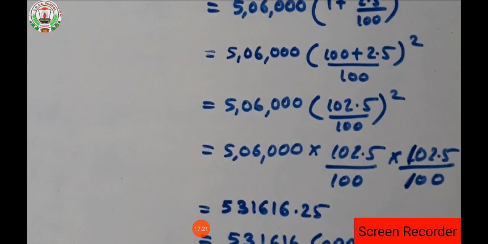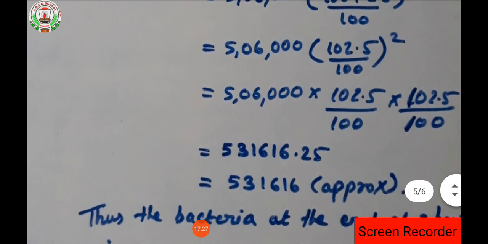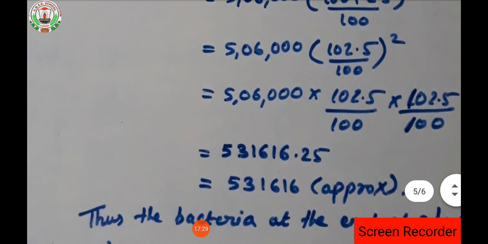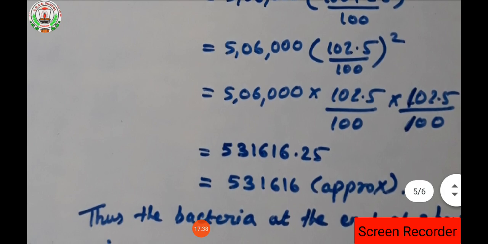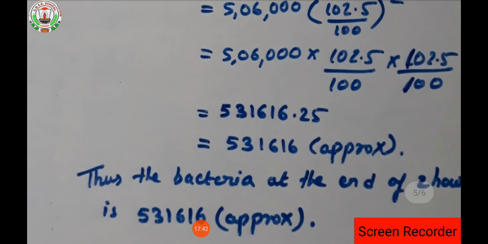As 2 is there, that means we have to write it twice, isn't it? Now after simplification we get the answer as 5,31,616.25. As we do not count bacteria in decimals, we take it as approximate, that is 5,31,616.